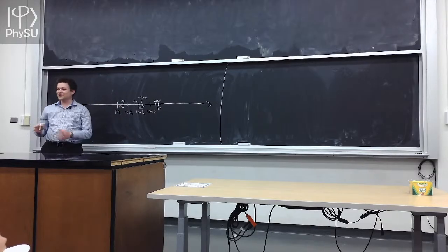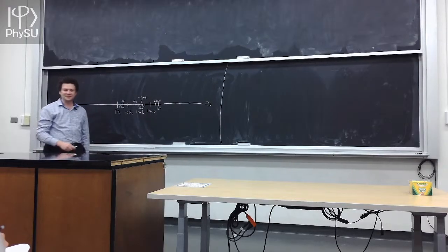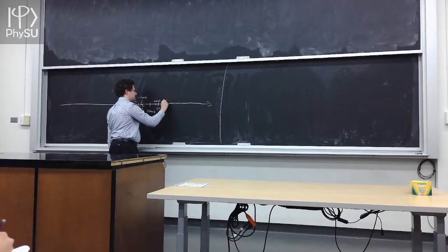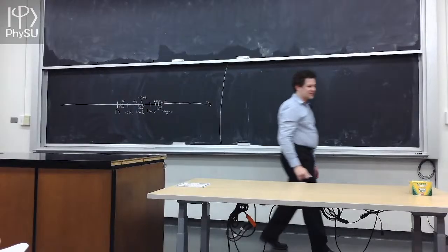Okay, and what if you have a very, very hot star, like one of these blue giants? How hot is the surface of that? Something like 20, 30,000 Kelvin. Okay, can anyone think of even hotter things than the surface of a blue giant?